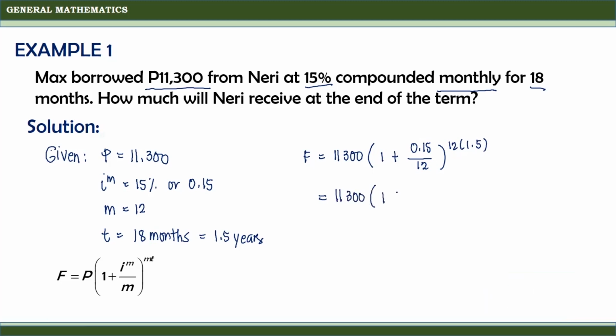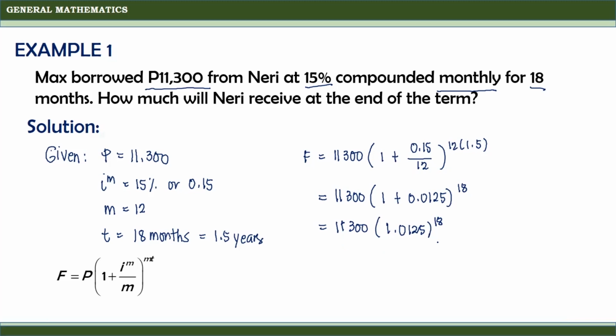11,300 times 1 plus 0.0125 raised to 18. Next, add 1 and 0.0125, giving us 11,300 times 1.0125 raised to 18.